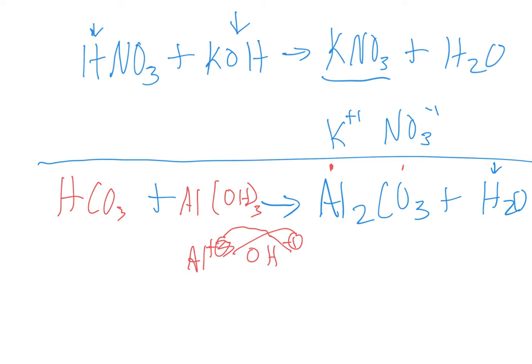And over here in your acid, your hydrogen is +1, and your carbonate, what is carbonate? I can't remember. Oh, it's -2, right? So that's the case. You just switch. That goes over here. That goes over here. So it's H2CO3. Piece of cake.